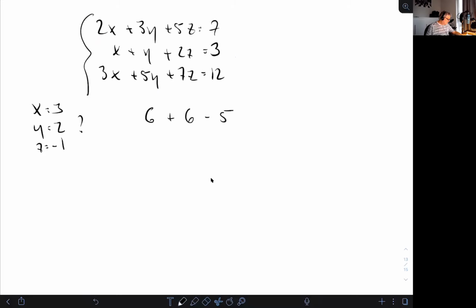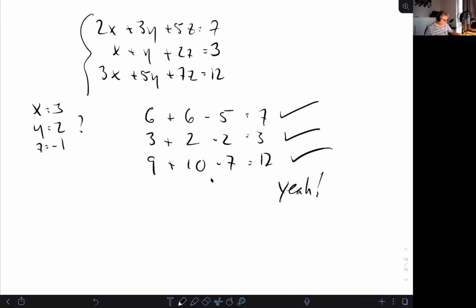This is 7. The first equation is always going to work by the method we use, unless you did something really bad. It's the next two. So 3 plus 2 minus 2. This is 3. Yeah. 9 plus 10 minus 7. That's 12. Yes, we got it. Okay, so that's it. I know it's good.